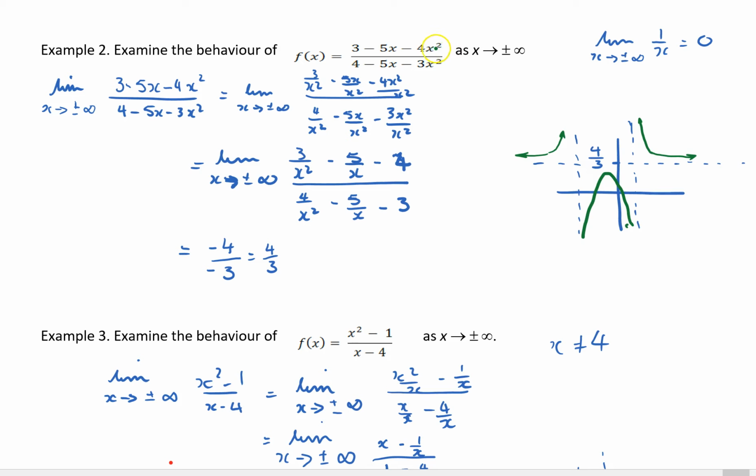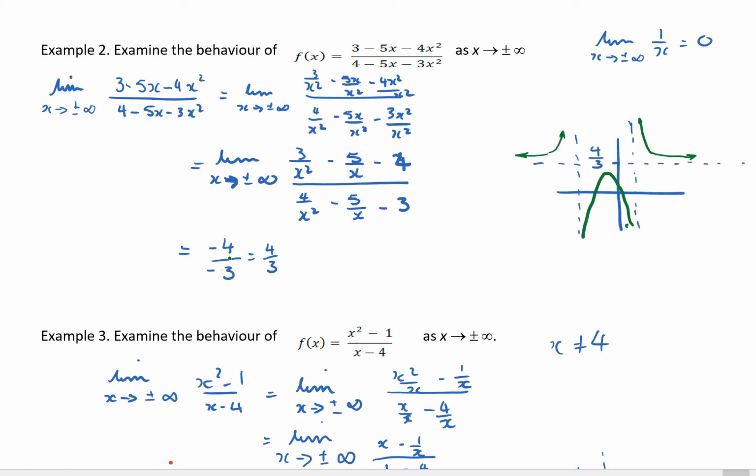So we've got an x squared in the numerator and an x squared in the denominator. Now, in this case, it worked nicely. It did give us a limiting value. The y values are heading off to a y value. They never get to 4 on 3, or 1 and 1/3, but the graph is approaching that value.